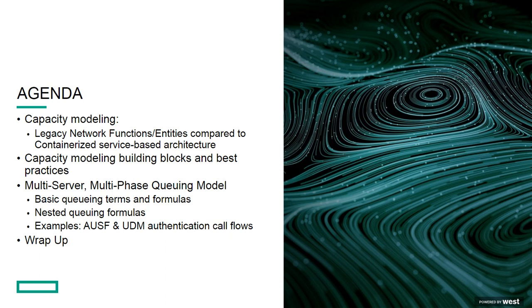I will go into some of the basic queuing terms and formulas and explain how a nested queuing formula can be used, and then show some examples of how nested queuing formulas can be used to model the capacity and response time for the UDM authentication call flow. And then I'll wrap it up and show how it relates to your operator's business.